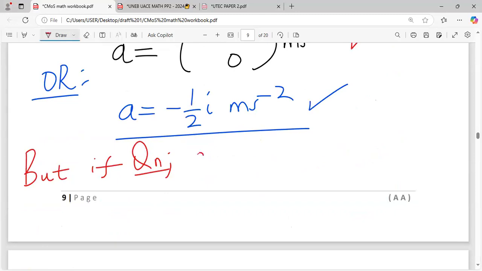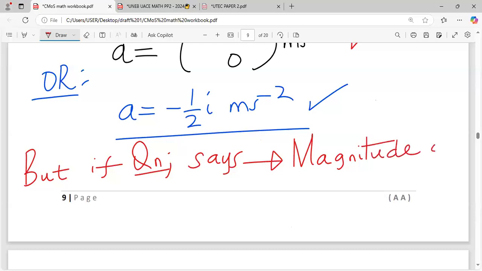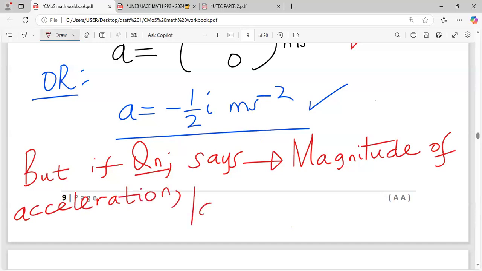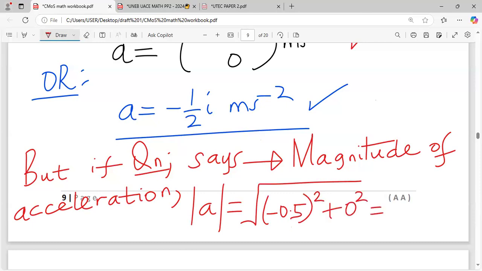But if the question says magnitude of acceleration, then that's where I have to come and say negative this one squared plus 0 squared, then you come up with 0.5.